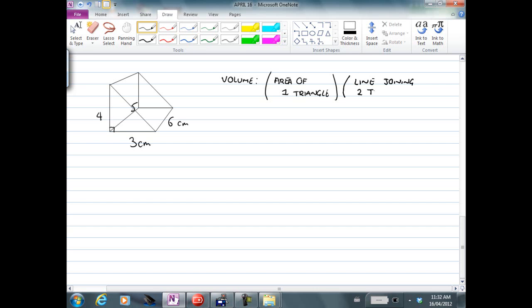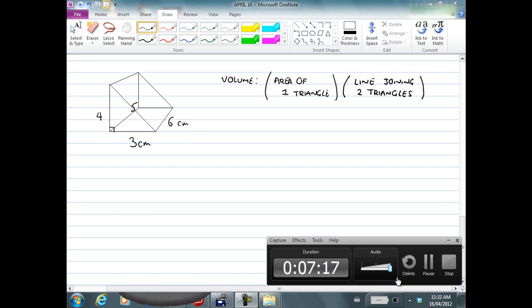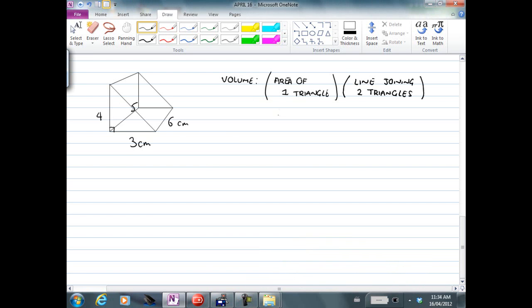They call this the height of the prism, but to make it simpler for grade 8s, I'm going to call it the line joining your 2 triangles. Let's do this right now: 4 times 3 divided by 2.